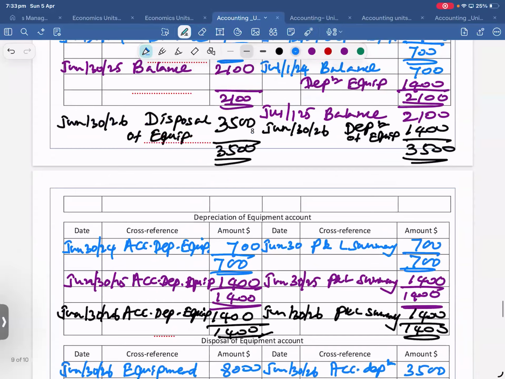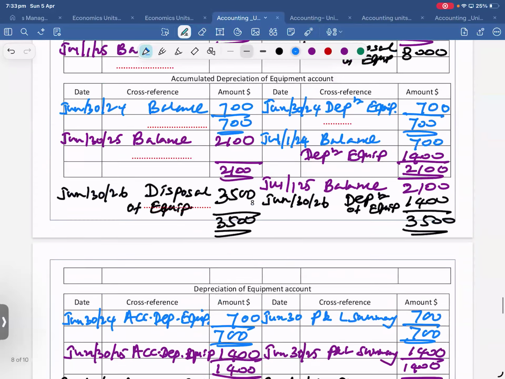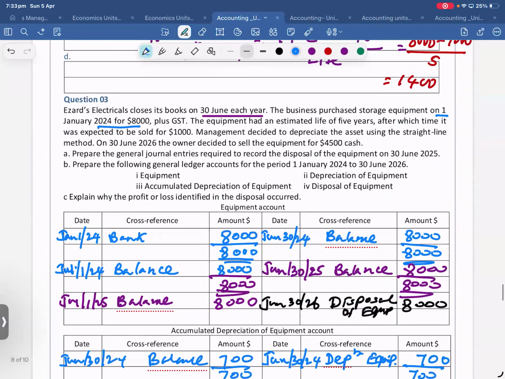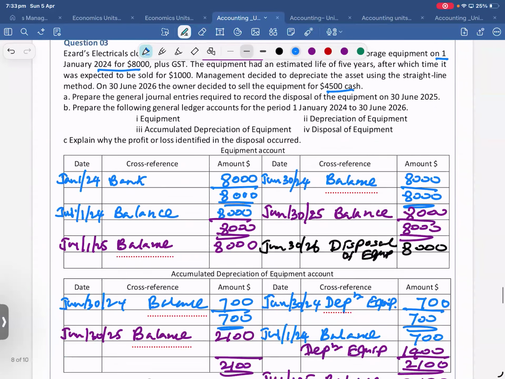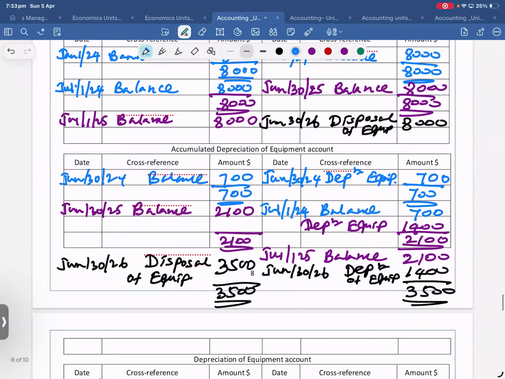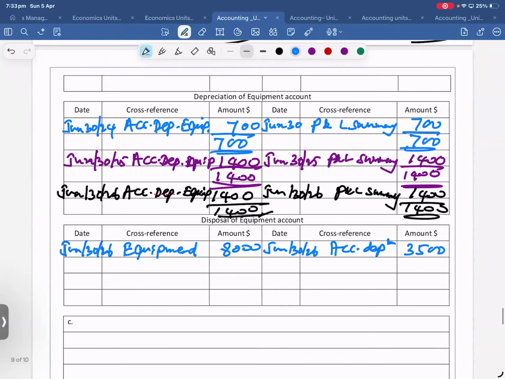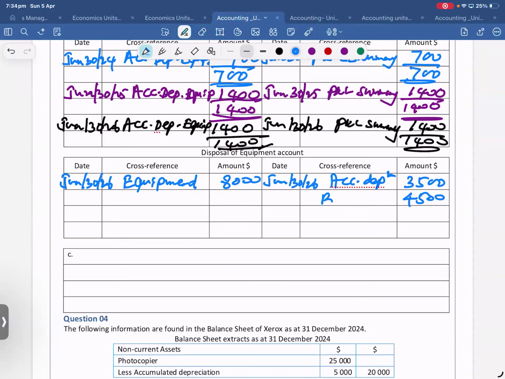And then we are selling it for how much, guys? 4,500, excluding GST. So that means 4,500 we are crediting here, debit bank, credit here. So technically, what will happen? Neither profit nor loss.